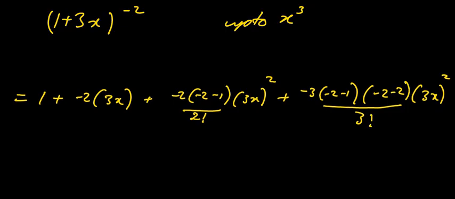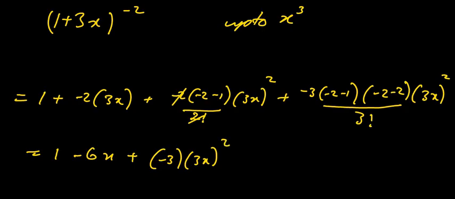Then you can simplify it. You get 1 minus 6x. And then this will be negative, and this is negative, so it will be positive. This is a 2, and the 2 can go away, just having negative 3 times 3x squared. Here I'm just trying to simplify this.